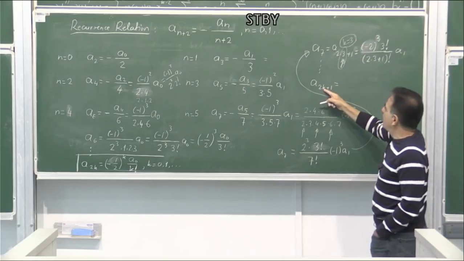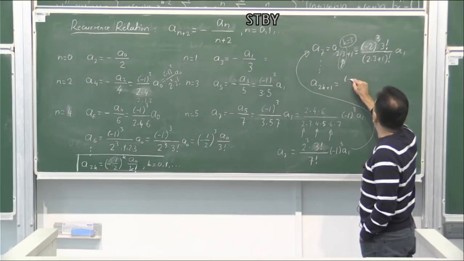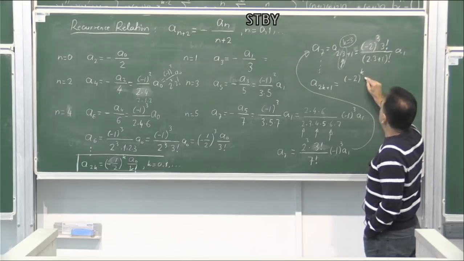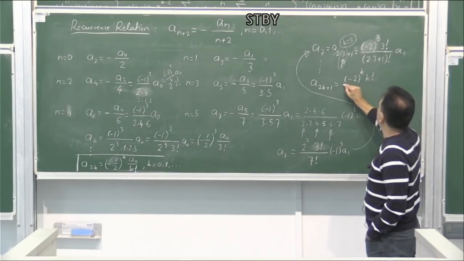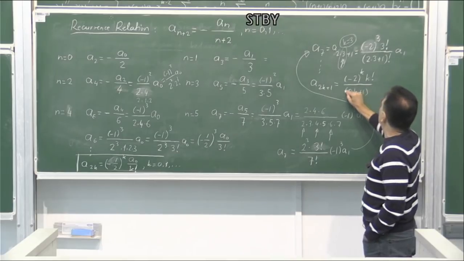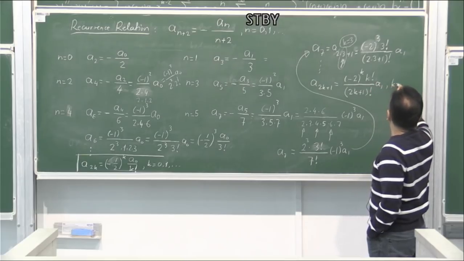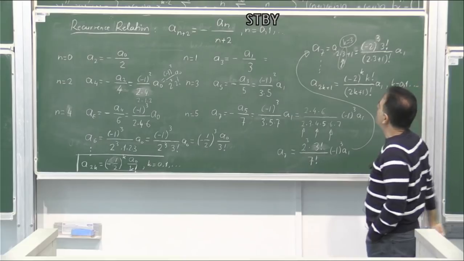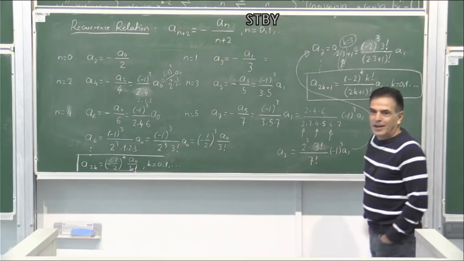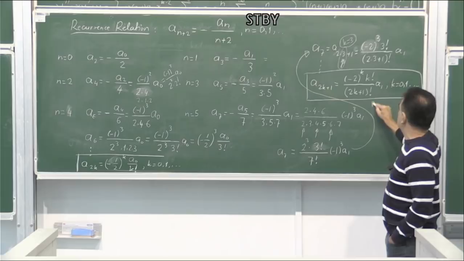So for any integer k, it seems that the coefficients have the form minus 2 to power k, k factorial over 2k plus 1 factorial times a1. Okay? So we get also a nice formula for the coefficients with an odd index. This can be proved by induction.